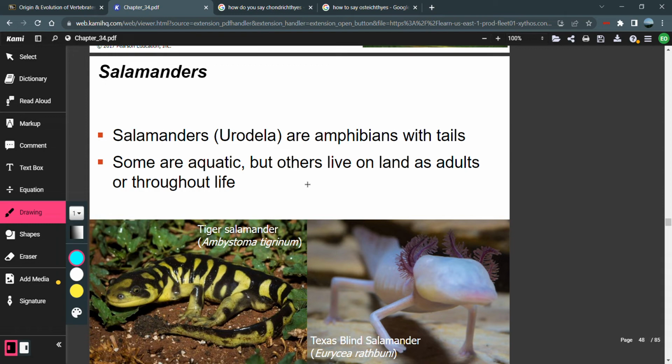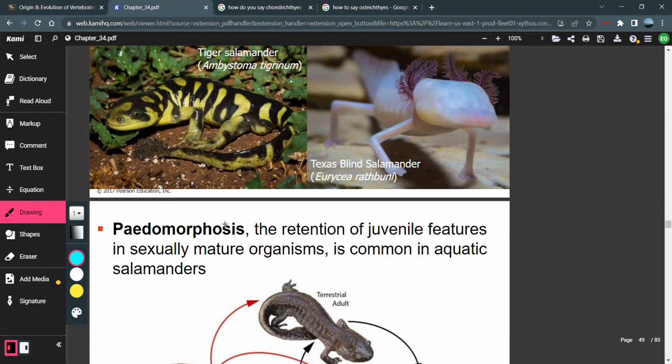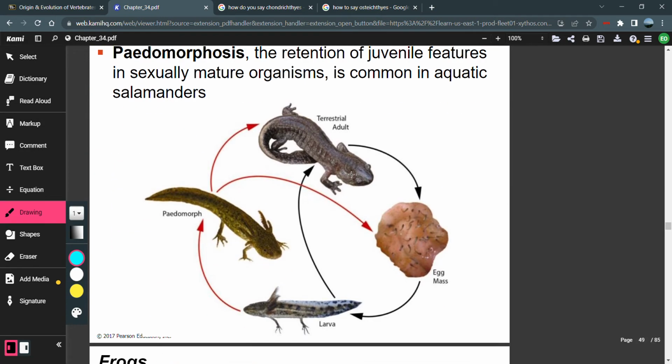So our salamanders are amphibians with tails. They undergo paedomorphosis, which is retention of juvenile features in sexually mature organisms. For example, an immature salamander would live mostly in water, and a terrestrial adult will live mostly on land.